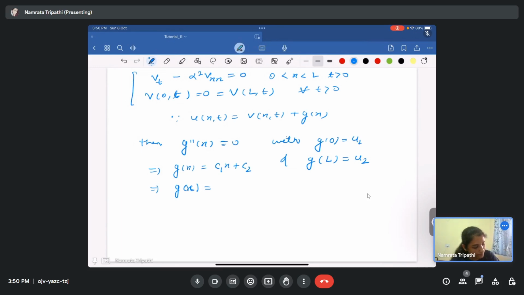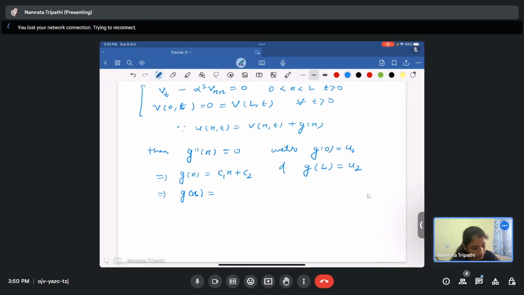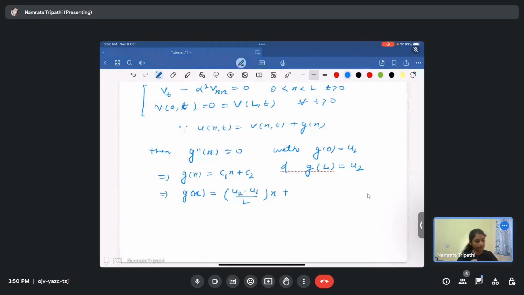C1 will be (u2 minus u1) upon L into x, plus C2 will be u1. Okay.